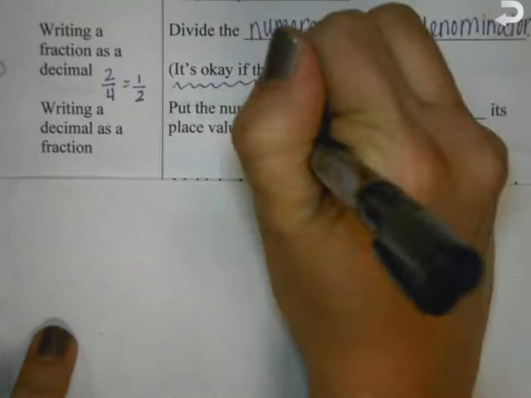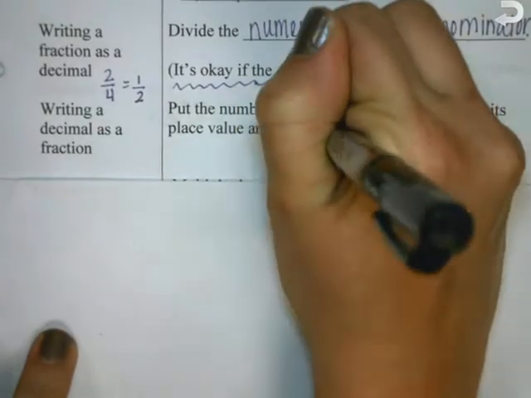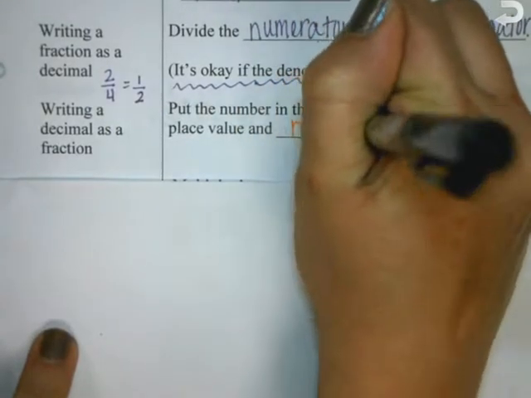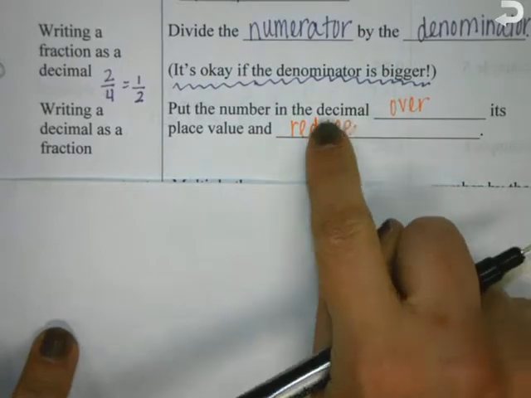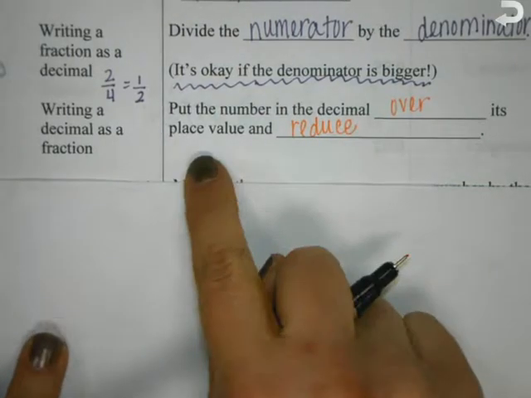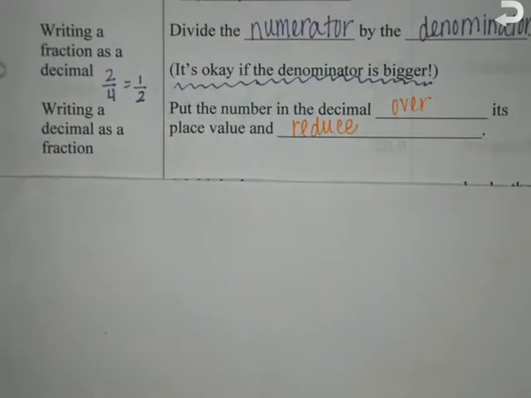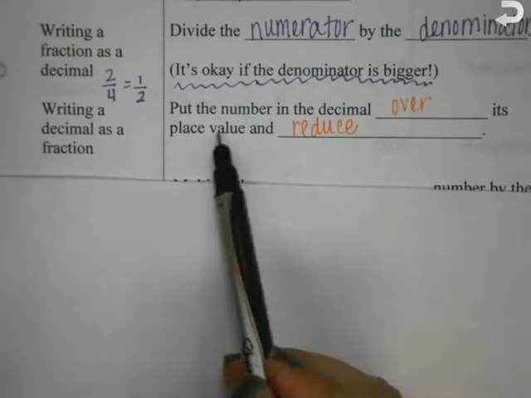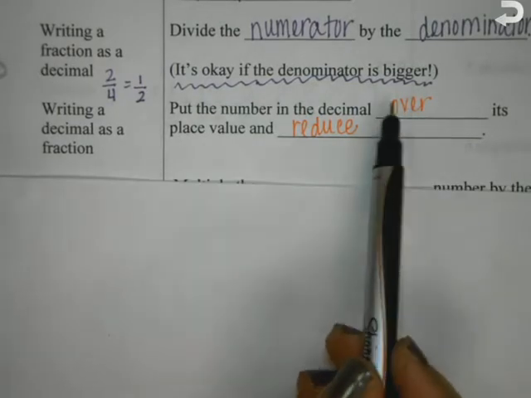Okay, so we're going to put the number in the decimal over its place value, so over 10, 100, 1,000. You know how decimals have tenths, hundredths, thousandths, millions, billions, trillions. Okay, so we're going to put whatever the number is over the place value, and then we're going to reduce that fraction, and that's going to give us a new fraction.